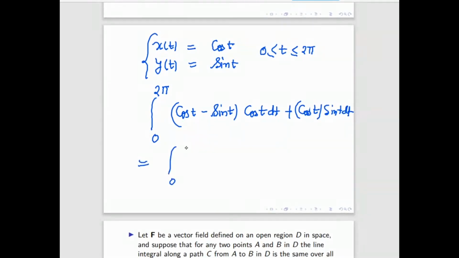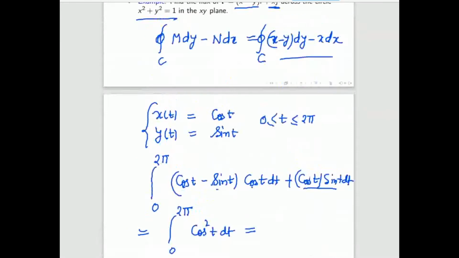Just simplify, integrate, you will get the answer. It will give cos squared t dt, then minus sin t cos t, and this plus sin t cos t will cancel out. So you will get only this. What is the integration of this? That will give the flux. You can convert it to 1 plus cos 2t by 2. So I think pi will come.